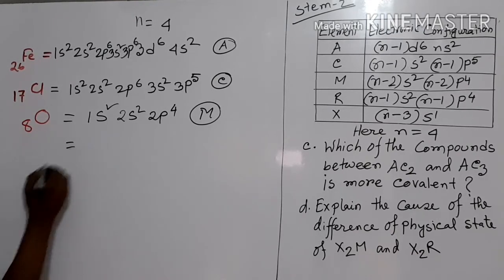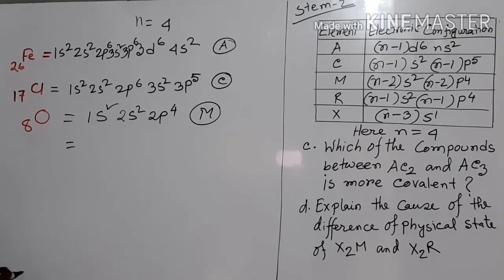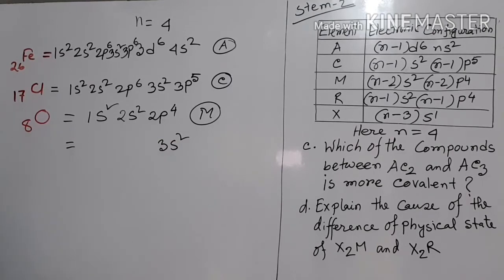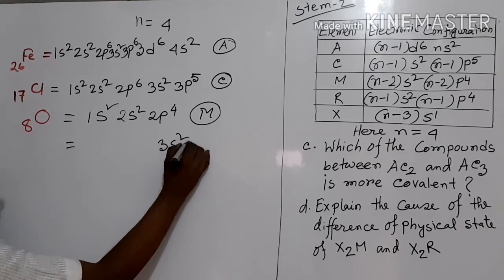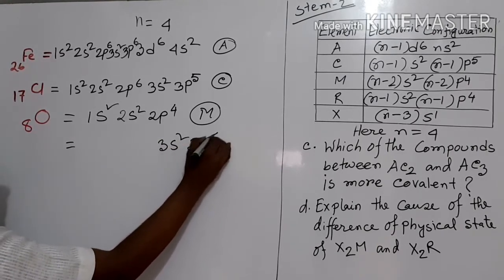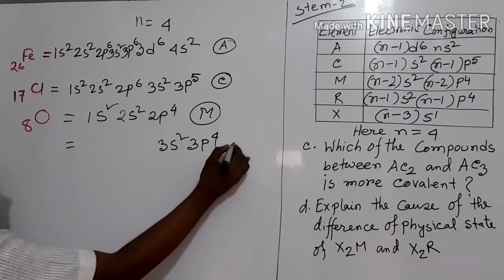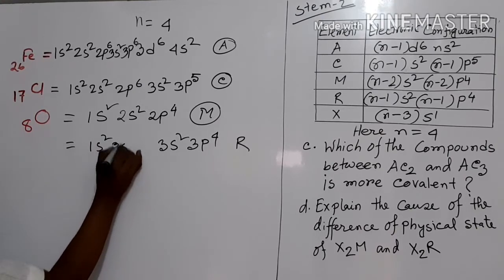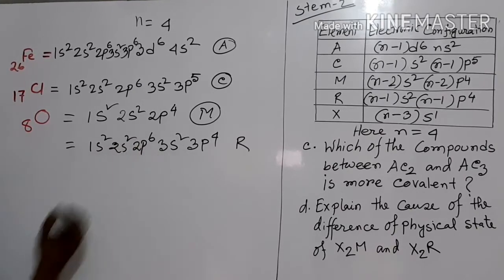Now R: (n-1), that means 4 minus 1, 3s2, (n-1)p4, that means 3p4. This one is R: 1s2, 2s2, 2p6, 3s2, 3p4.